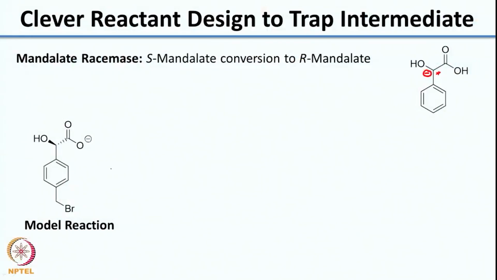So, let us see if you have this answer correct. Let us assume that this reaction is carried out in the presence of the enzyme mandelate racemase. Your substrate reacts with the enzyme and what you get is this intermediate carbanion.